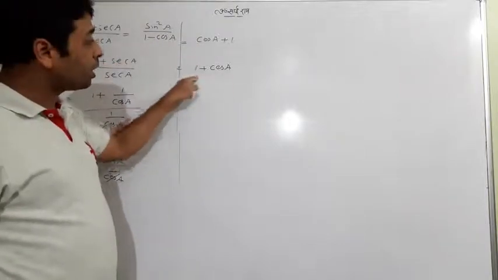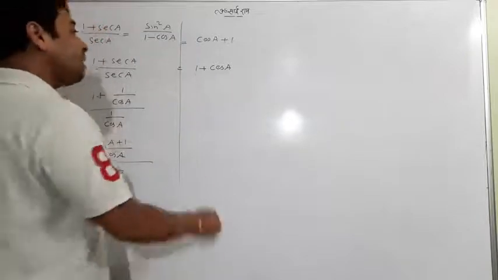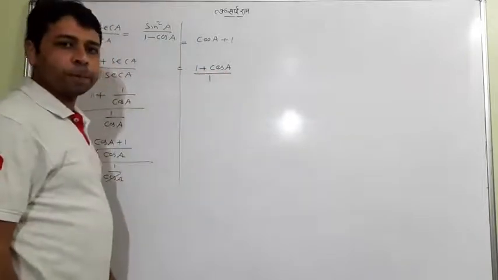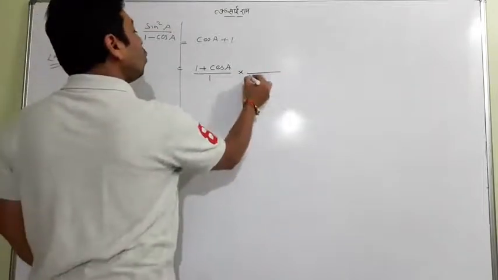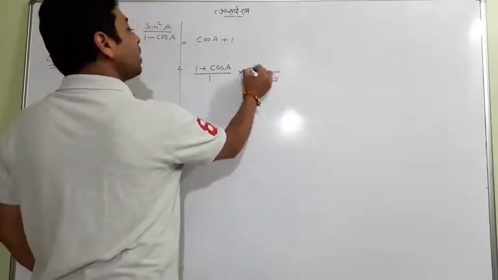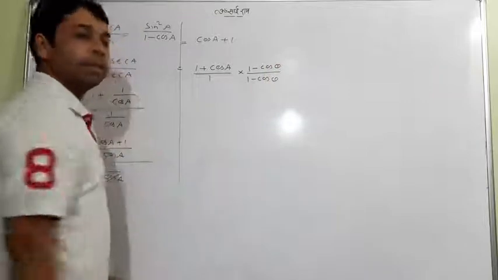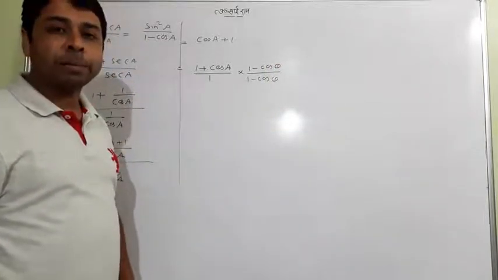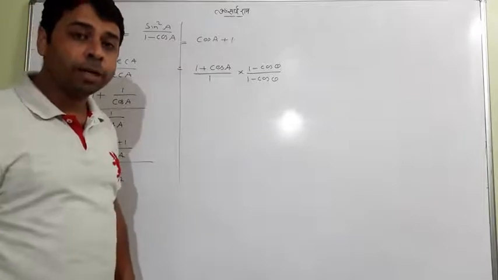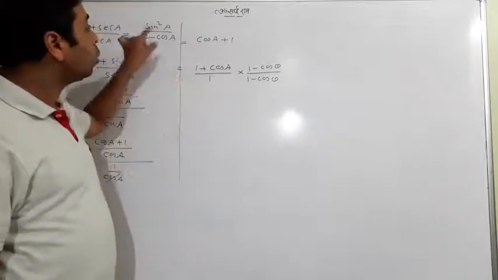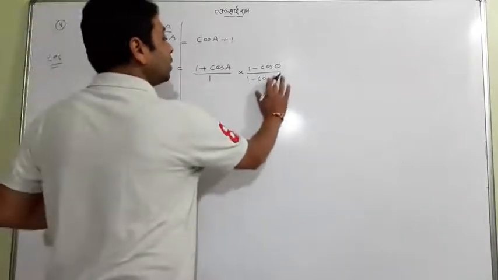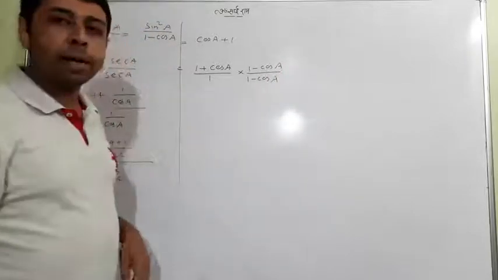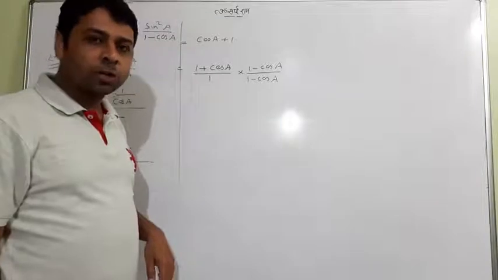But we do not have 1 minus cos a in the denominator. So intentionally, this is upon 1. You know it, this is upon 1. So we do the same multiplication and division: 1 minus cos theta and 1 minus cos theta. I will multiply and divide by the same term. Why is this coming to your mind? Because what we need, instead of theta I should write a. So what I have done is multiply and divide by 1 minus cos a.